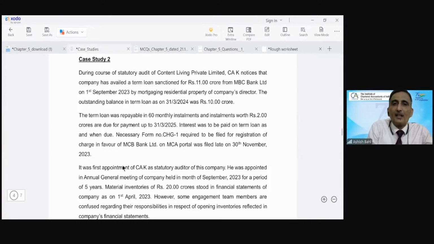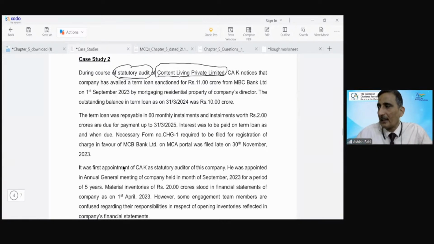During course of statutory audit of Content Living Private Limited. So again, it is a private company and statutory audit is being conducted.